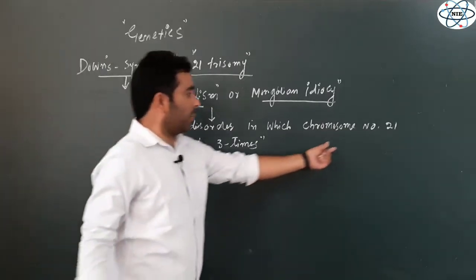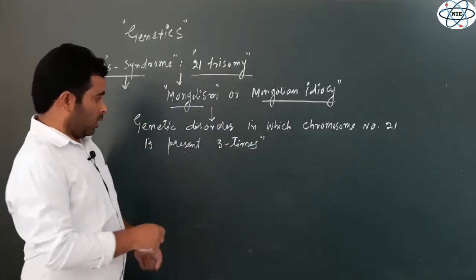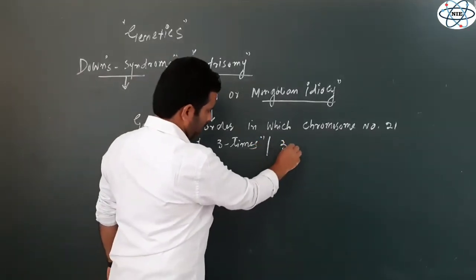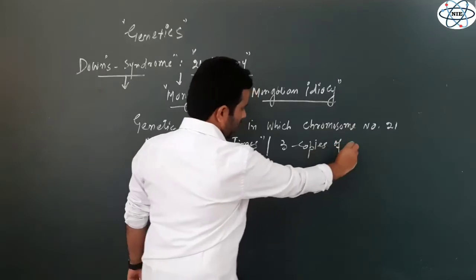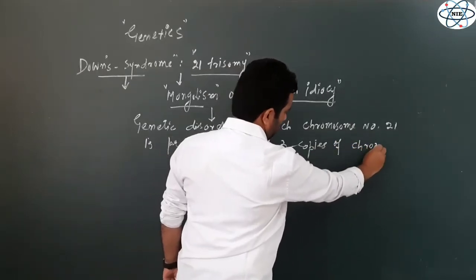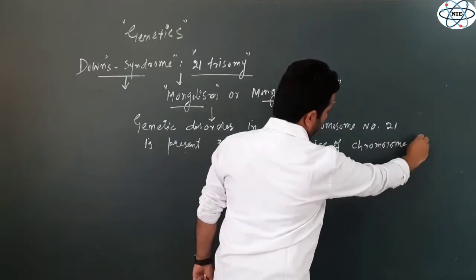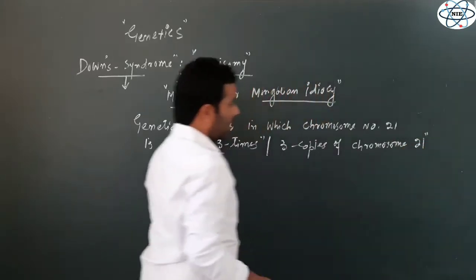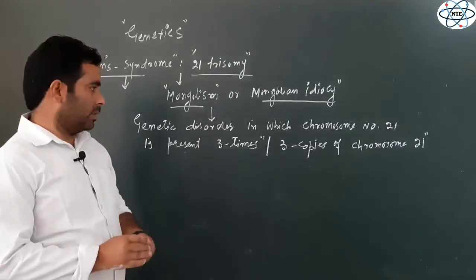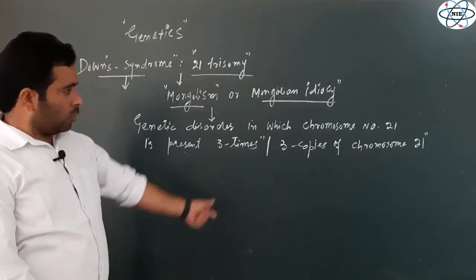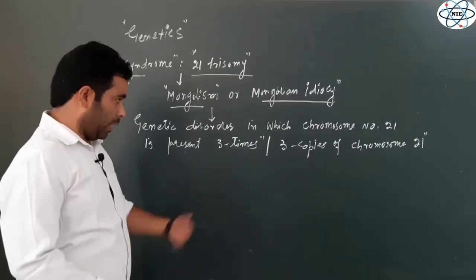There are 3 copies of 21 in the genetic disorder instead of 2 copies. How they occur, how they exist, we will explain ahead.